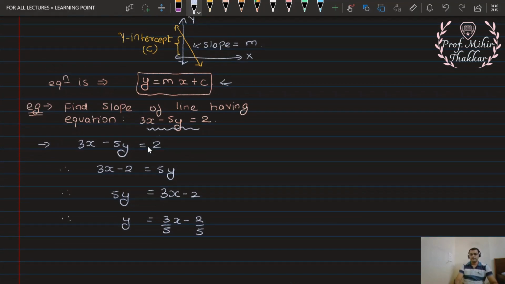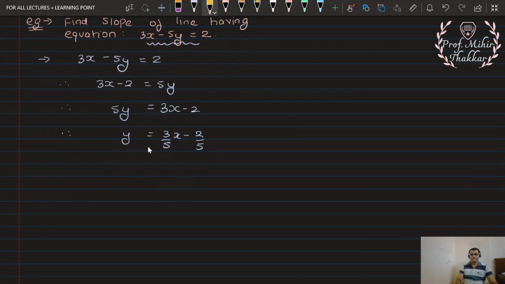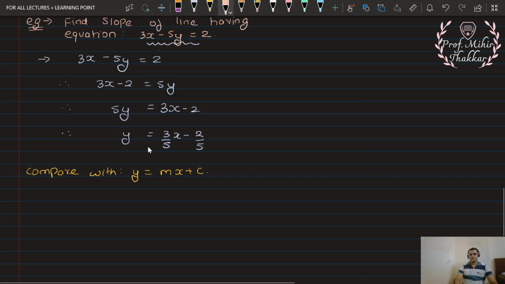And now guys, if I compare with y is equal to mx plus c, I can see that the coefficient of x over here is the value of m. So easily I have got the value of m as 3 by 5.